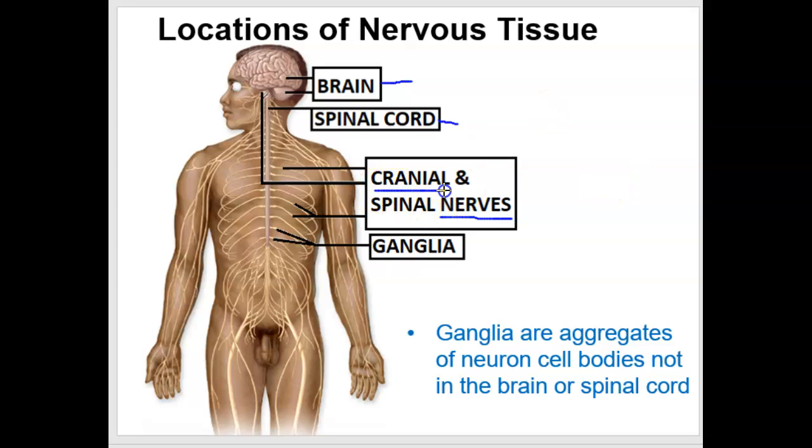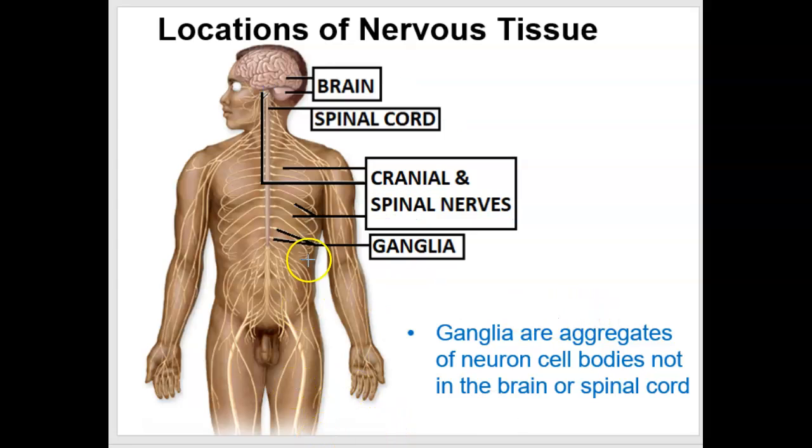There are cranial nerves that are attached very close to what we think of as the brain. It's actually the brain stem. And we have spinal nerves that are attached to the spinal cord. But nonetheless, they're both nerves.